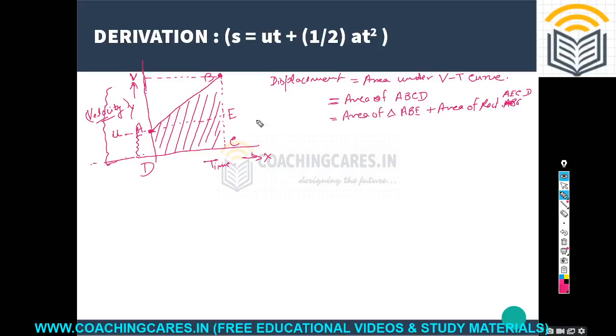I mean this area. This is one, the triangle. This is two, the rectangle. Further extending it, the area of this triangle is half into BE into AE, plus the area of this rectangle, which is EC multiplied by DC.